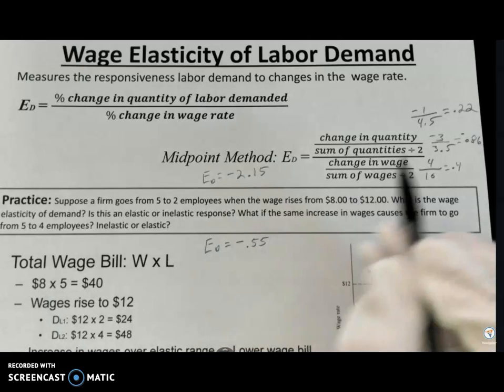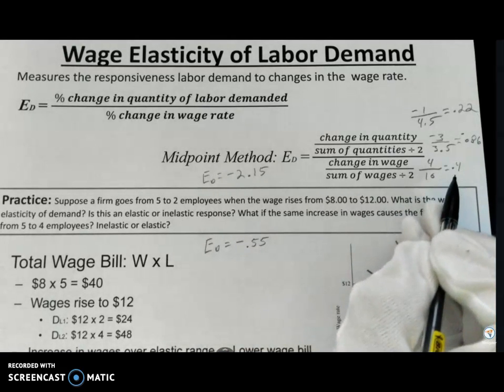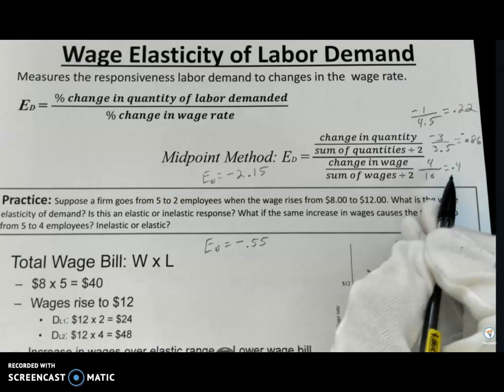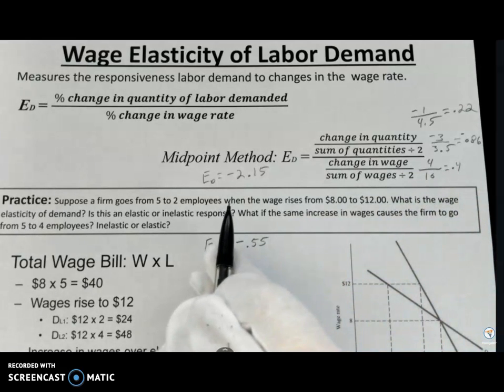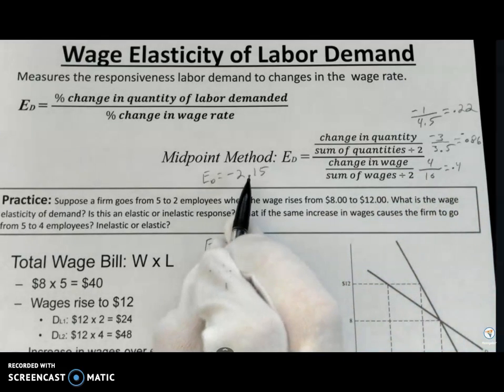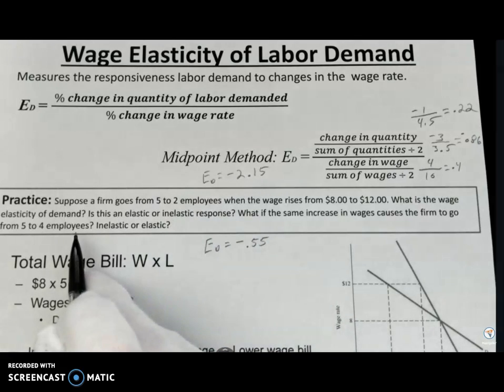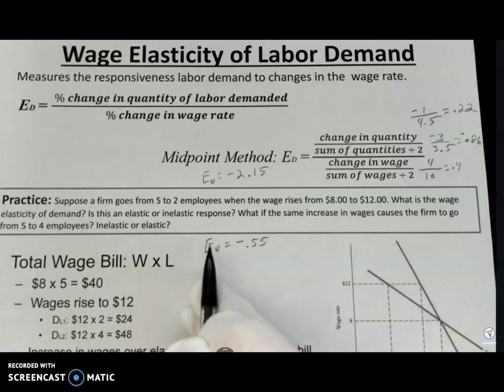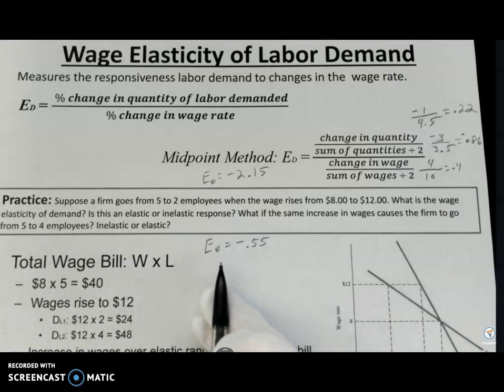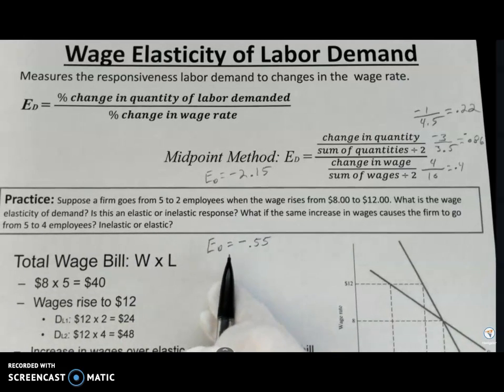So notice that when the wage goes up by 0.4, we see an elastic response initially, going from 5 to 2 employees. Then we see an inelastic response in our second example, going from 5 to 4 employees. In both cases, though, these coefficients are helping us measure the responsiveness of labor demand, firm employment, hiring, as a result of changes in wage.